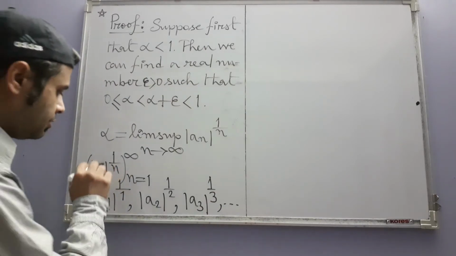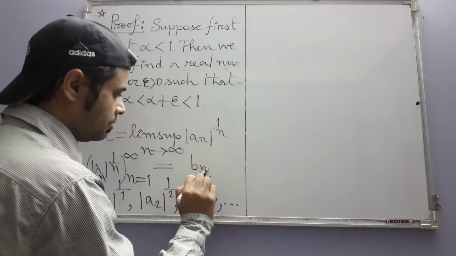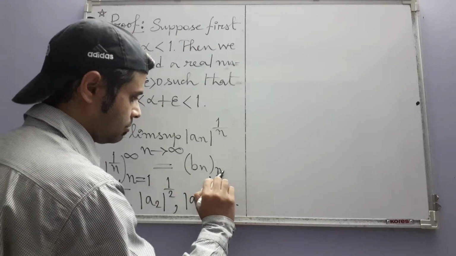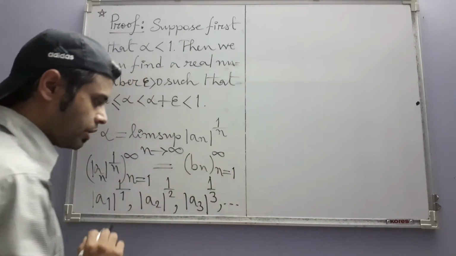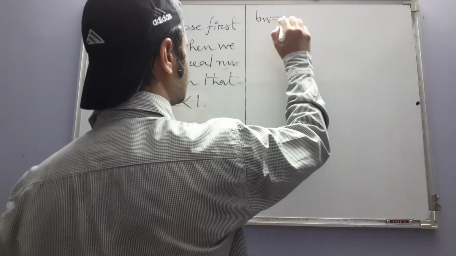Say this sequence is denoted by B_n, where B_n is of course this.